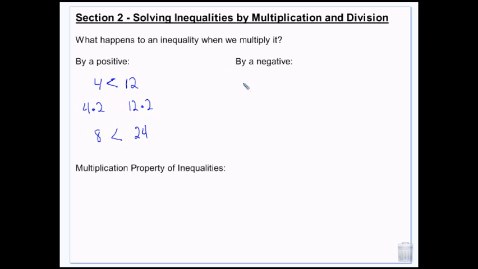But what happens if I take this same inequality and I multiply it by negative 2? This is negative 8. This is negative 24. Which one is greater? Negative 8.